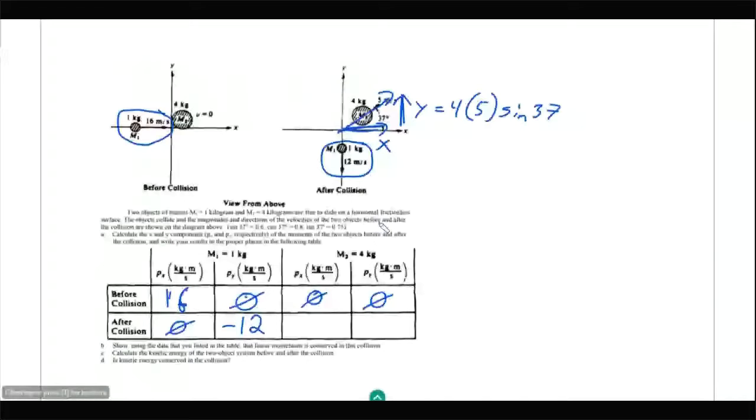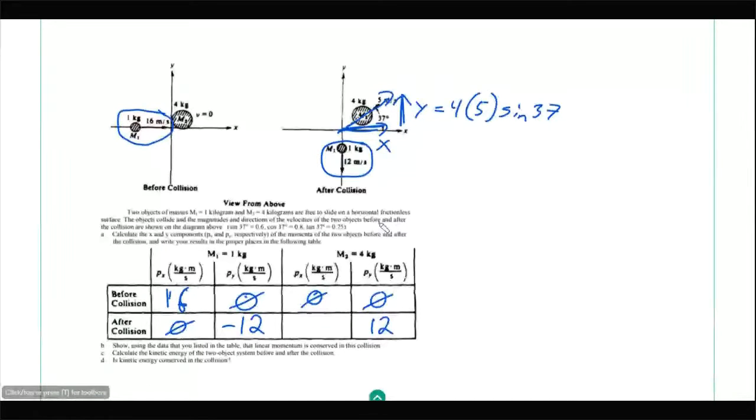So 4 times 5 times the sine of 37. They tell us the sine of 37 is 0.6. That gives us 12 in the y direction.